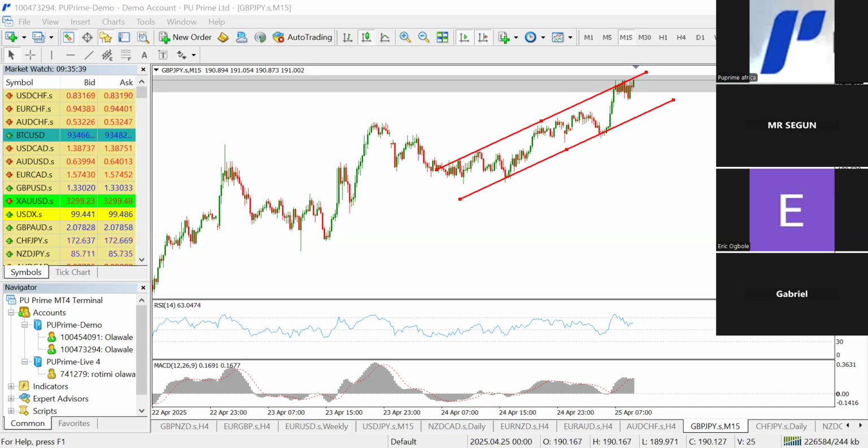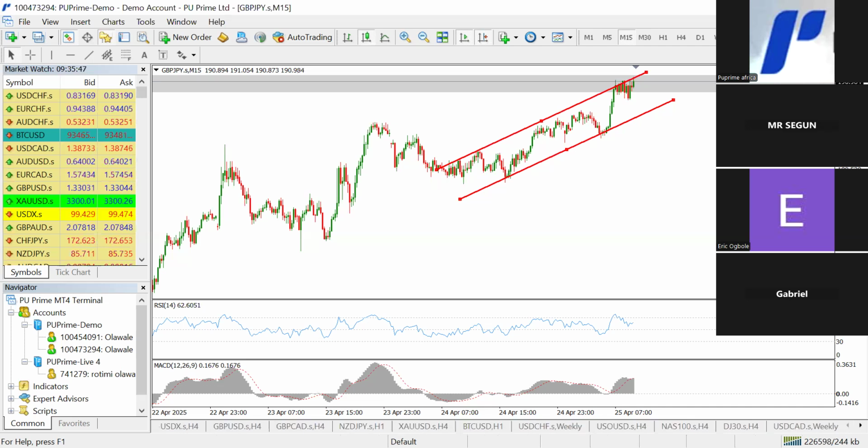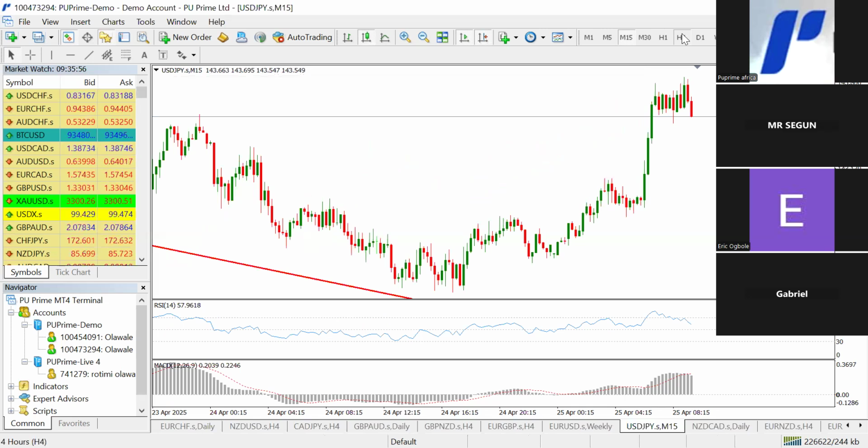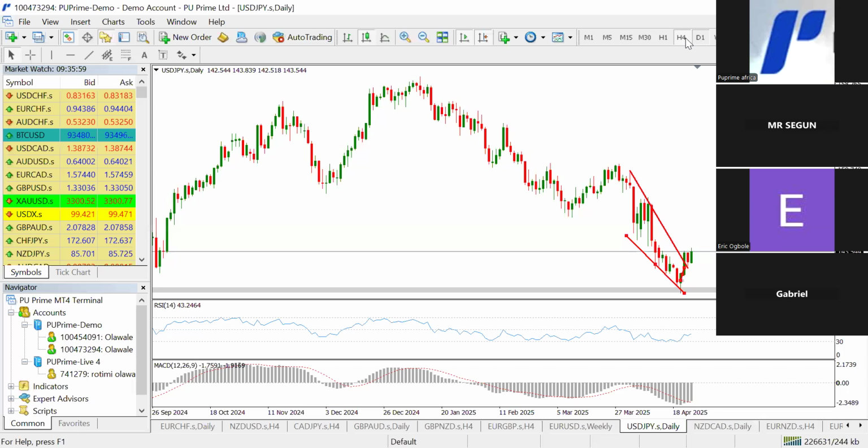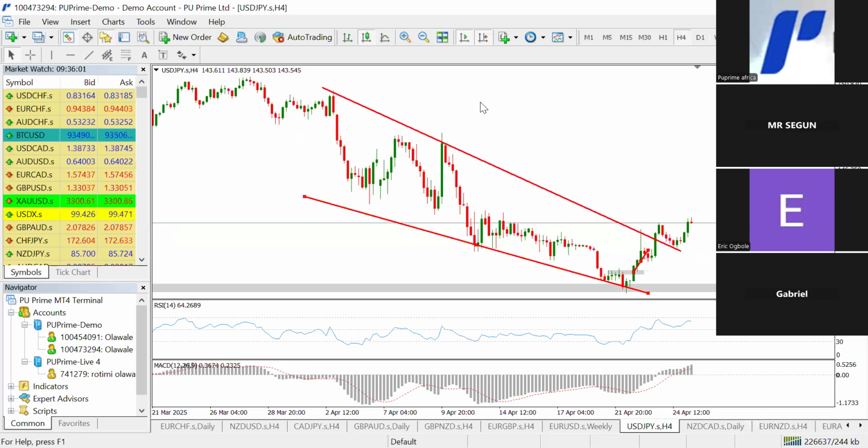USD JPY, all right. Now this is USD JPY on the 4 hour time frame, and price hits a resistance level on the 4 hour.